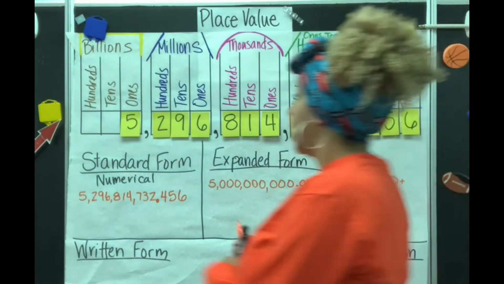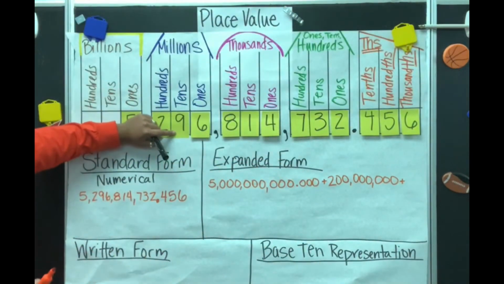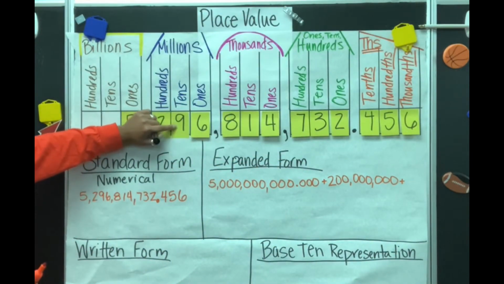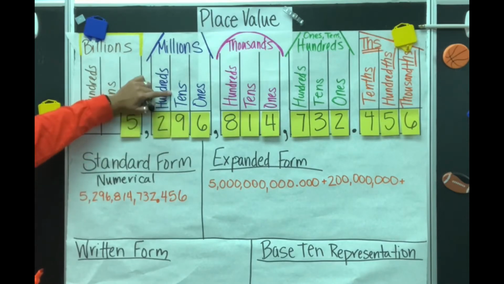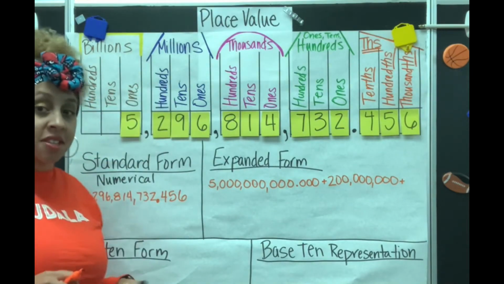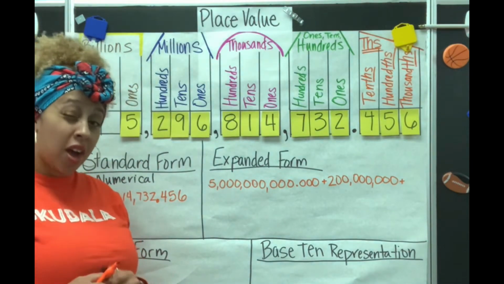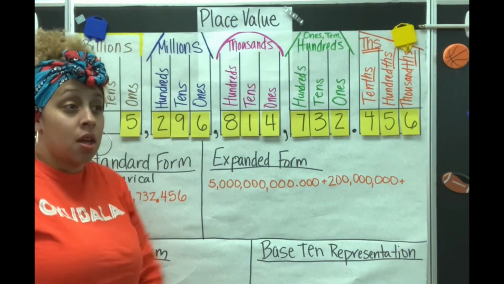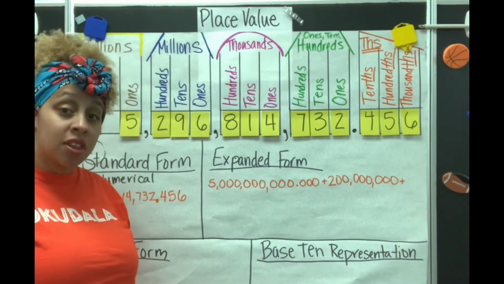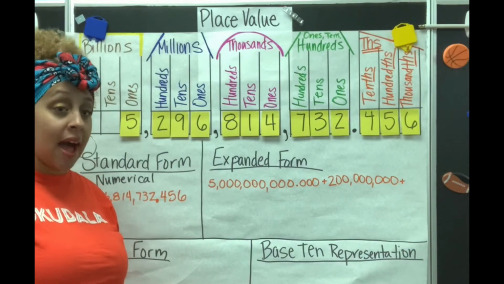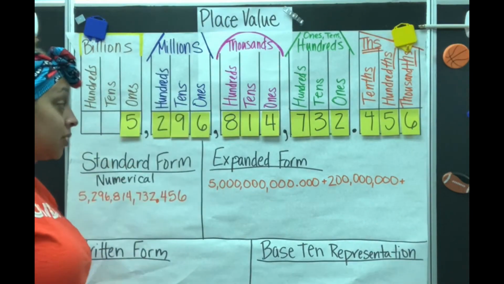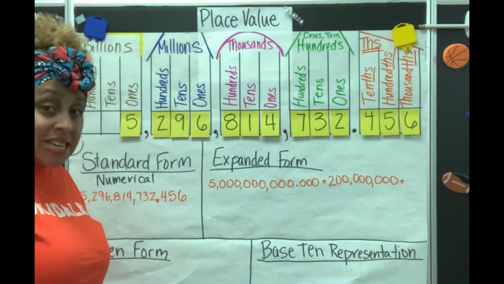So then we're at the 9 in the millions house. If it's in the tens place, how much is the 9 worth? Is it worth 900? Is it worth 9? Is it worth 90? Which value does it have? If it's in the tens place of the millions, it's 90 million.